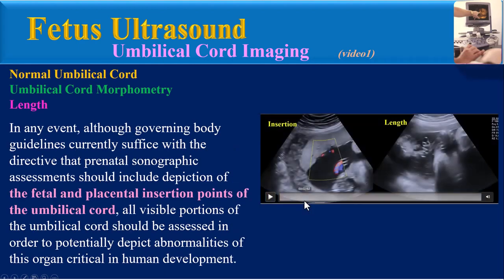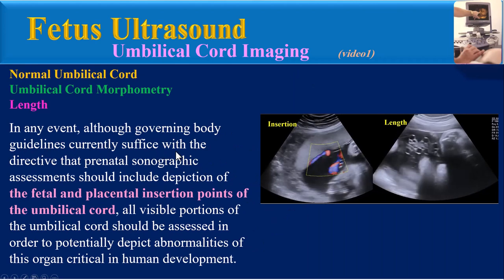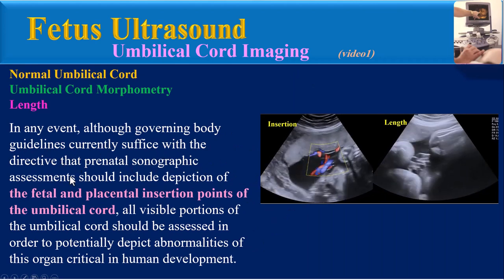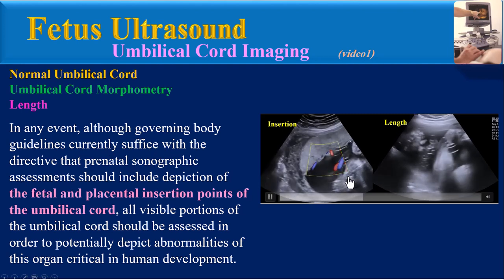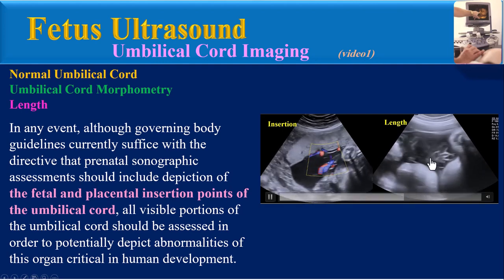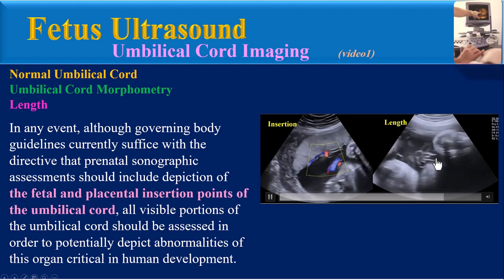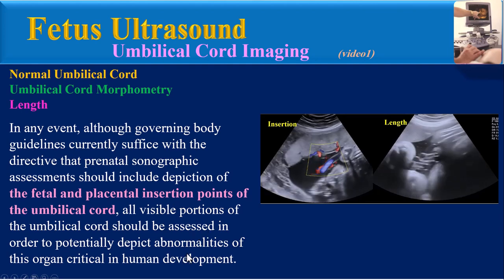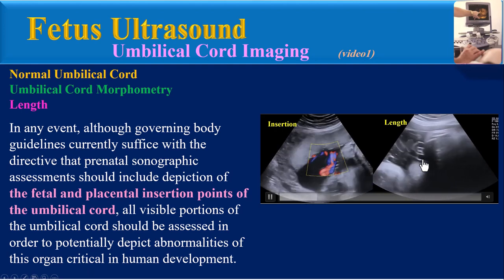In any event, although governing body guidelines currently suffice with the directive that prenatal sonographic assessment should include depiction of the fetal and placental insertion points of the umbilical cord, all visible portions of the umbilical cord should be assessed in order to potentially depict abnormalities of this organ critical in human development.